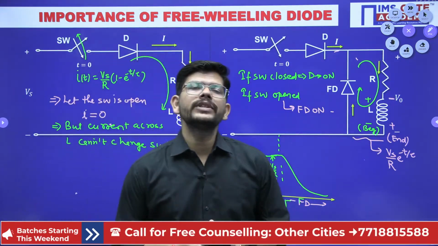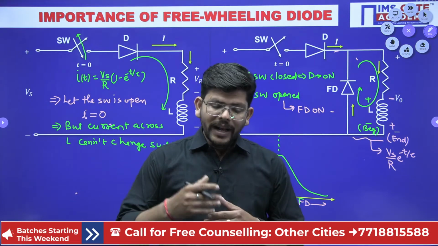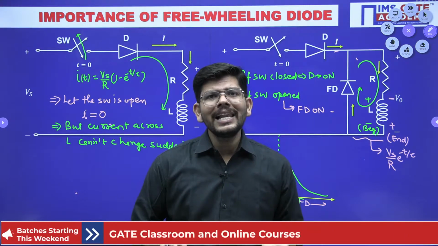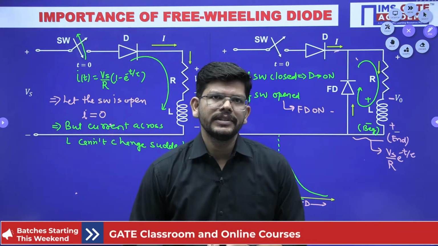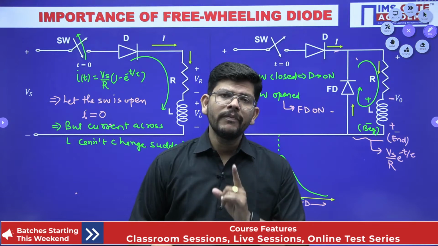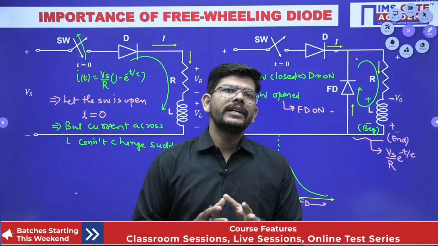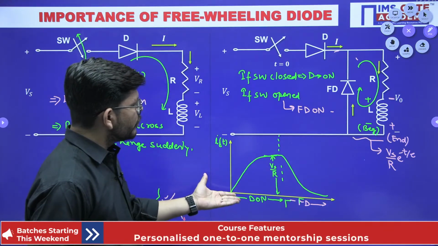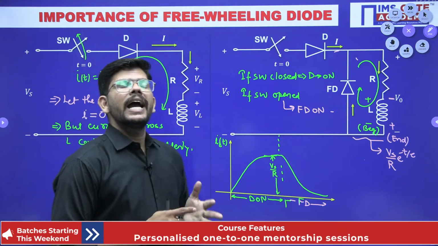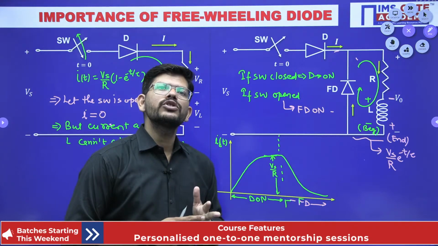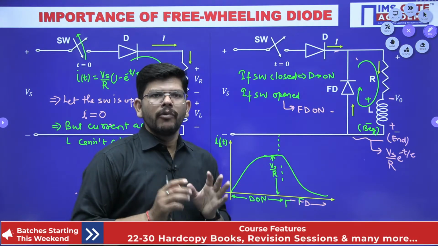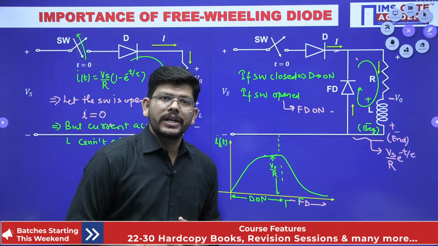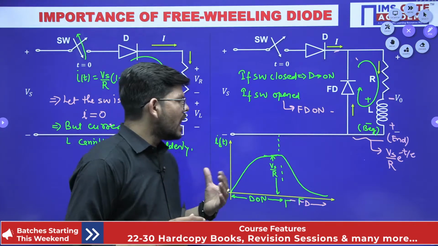If we are using an RL load, it becomes essential to use a freewheeling diode unless we have something else present in the circuit, because remember one fact, the current across the inductor cannot change instantly, isn't it? This is the pattern that you are going to see across rectifiers, across choppers, and very specifically in inverters. So now you must have got how this is coming.